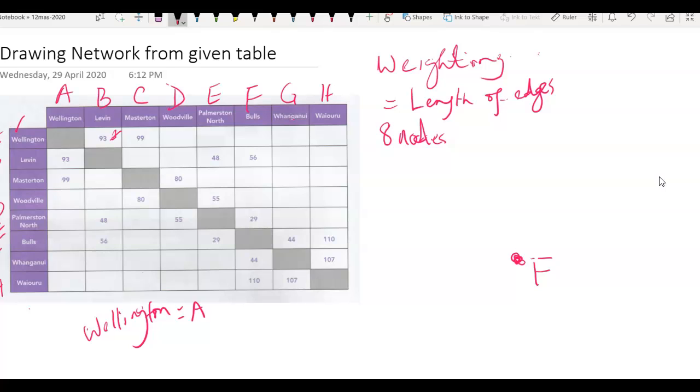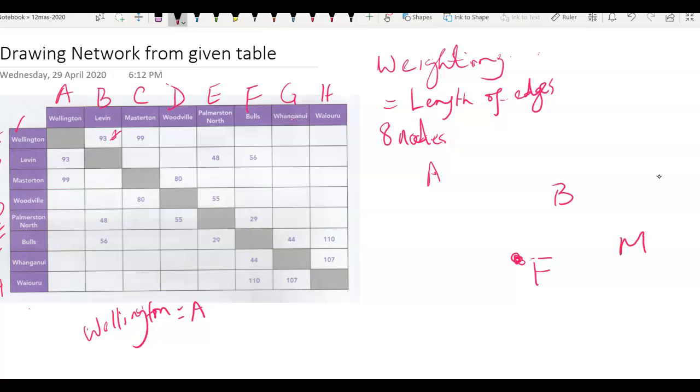Right. Now let's look at the two-connection cities. Wellington is obviously one, so A will be somewhere over there. B is connected to 3, so B should be closer to the center.